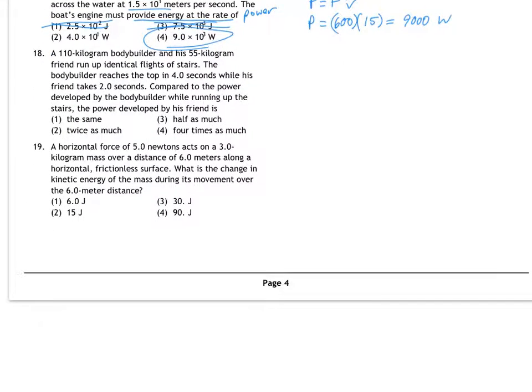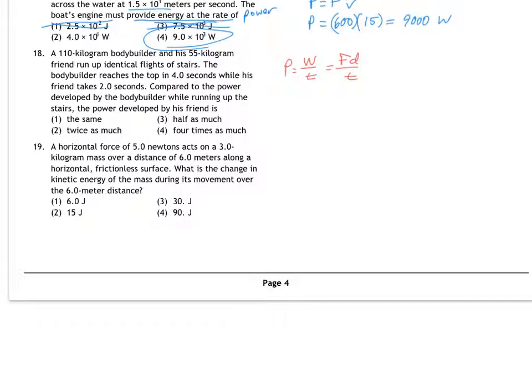A 110 kilogram bodybuilder and his 55 kilogram friend run up identical flights of stairs. But the bodybuilder reaches the top in 4 seconds and his friend takes only 2. Compared to the power developed by the bodybuilder while running up the stairs, the power developed by his friend is. So power is work over time, but work is force times distance. So that means that power is also force times distance over time.